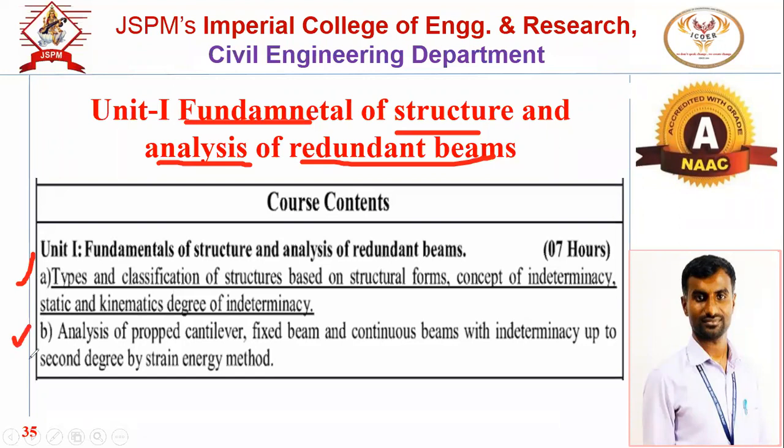In the first chapter, we have to discuss the types and classification of structures based on structural form, then the concept of indeterminacy, and static and kinematic degree of indeterminacy. So 2 points: classification of structure and concept of indeterminacy.